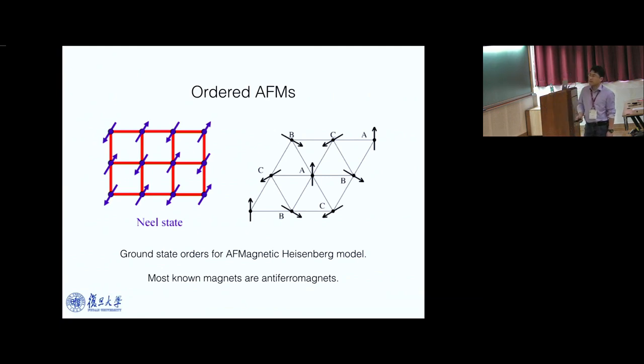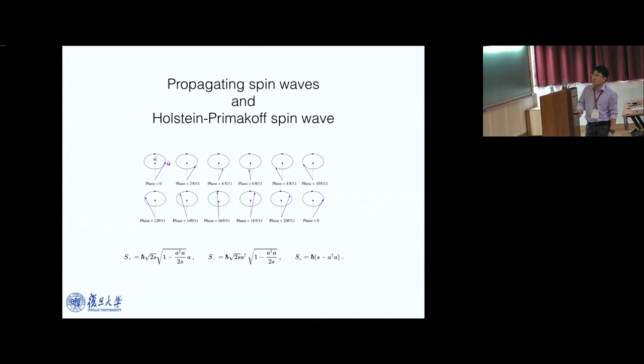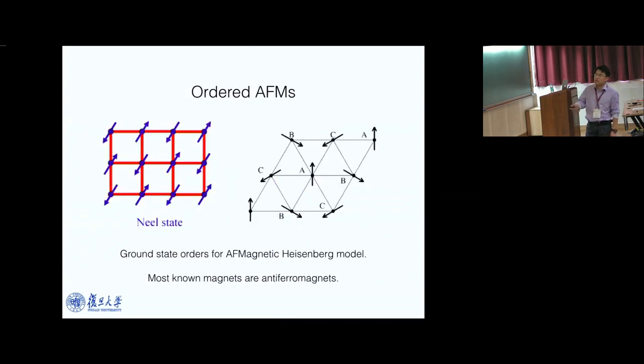Once the system develops a magnetism, some kind of magnetic order, we can categorize the magnetic order. Besides the static structure of this magnetism, there is also the so-called magnetic excitation associated with this particular magnetic order.